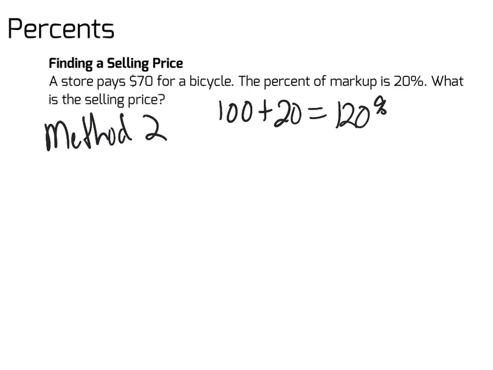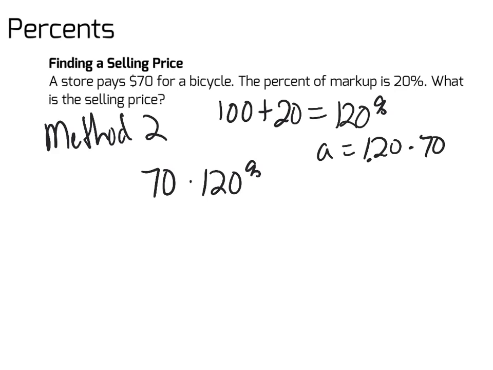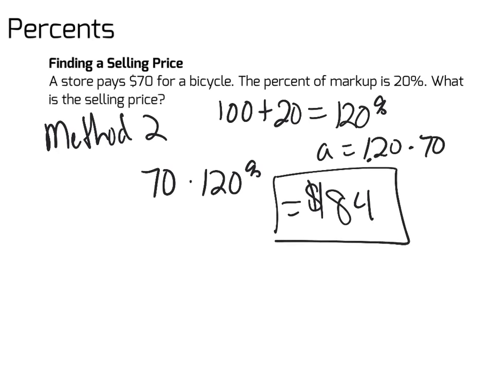So if I take 70 times 120%, or 1.2, however you want to write that, it's going to give you 84. So that is method 2. Step 1, find the new percent. Step 2, do the math. And then you're going to get the same answer that you did when you did method 1.